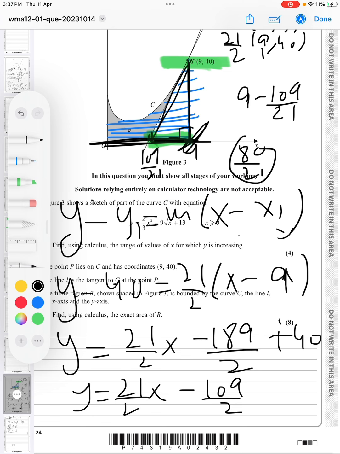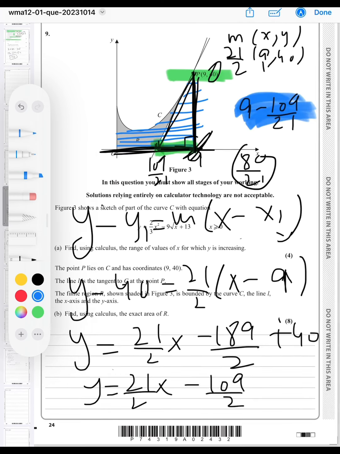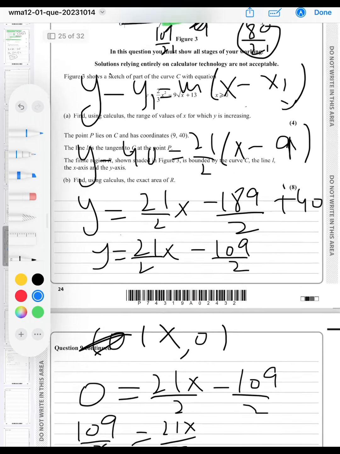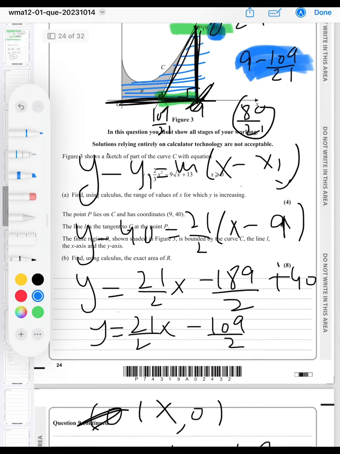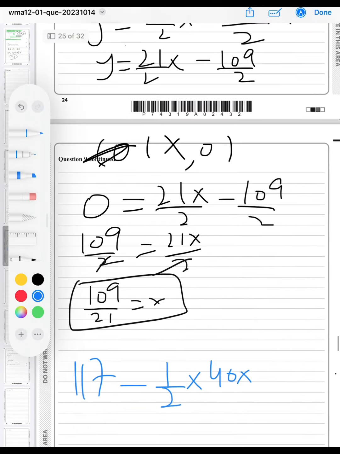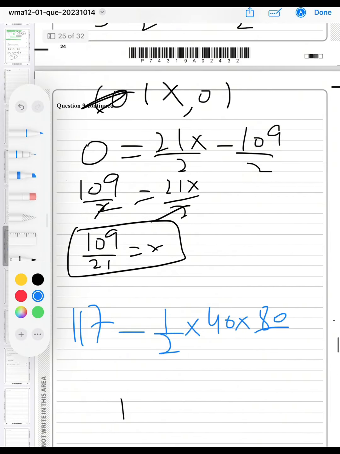So the length of this is 80 upon 21, and the height is 40. By the way, the height is 40. This is the total area, the total shaded part. We will subtract the triangle. The height of the triangle is 40, and the base is 9 minus 109 upon 21, which results in 80 upon 21.